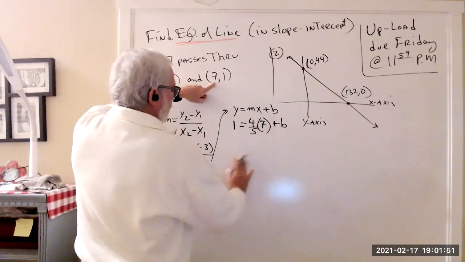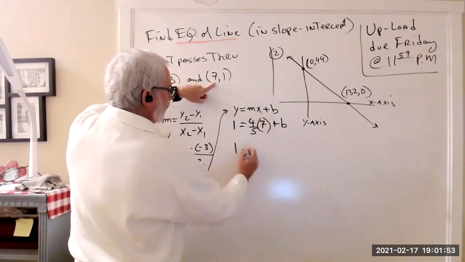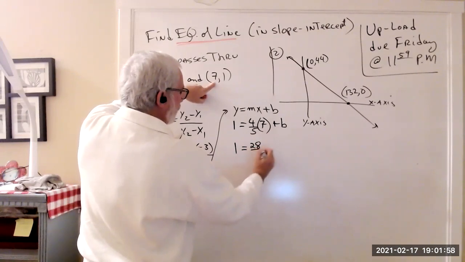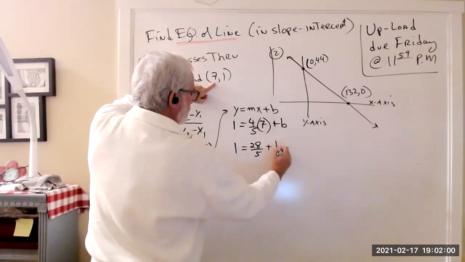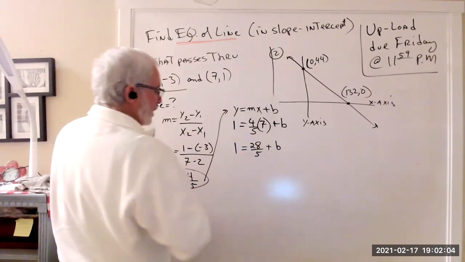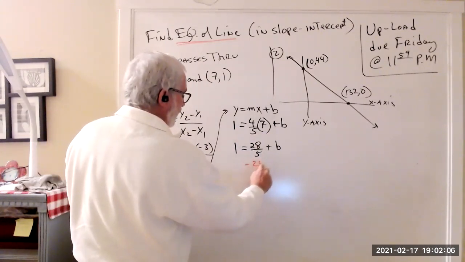The rest of this is done on your calculator. So 1 equals, this turns out to be 28/5 plus b. To solve that, we're going to take 28/5 away from both sides. You got the 28/5 by multiplying the 4/5 by 7, correct?